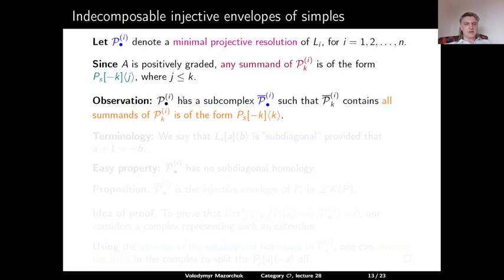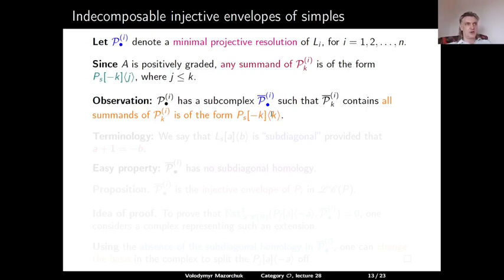And then also, because A is positively graded, P^i has a subcomplex which we denote by P-overlined^i, which contains all diagonal summands of P^i. So it contains all projectives which are shifted such that the homological shift and the degree shift match.